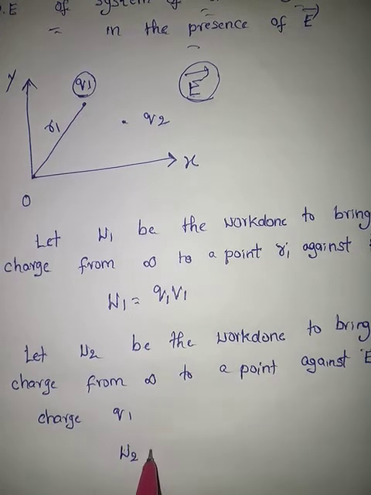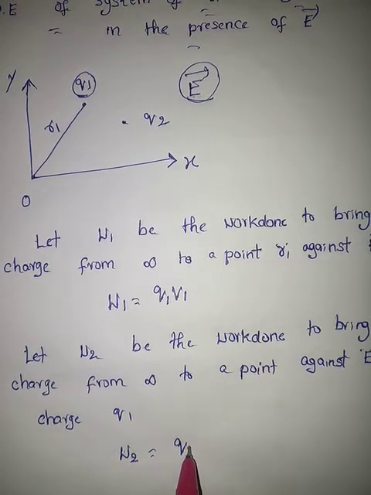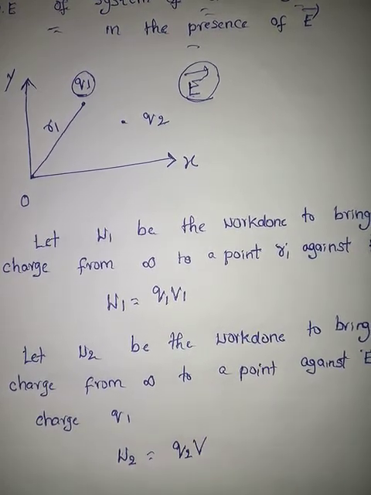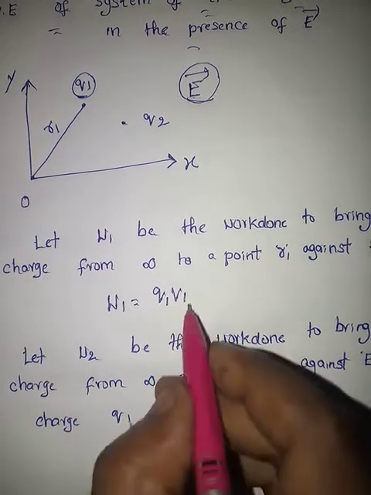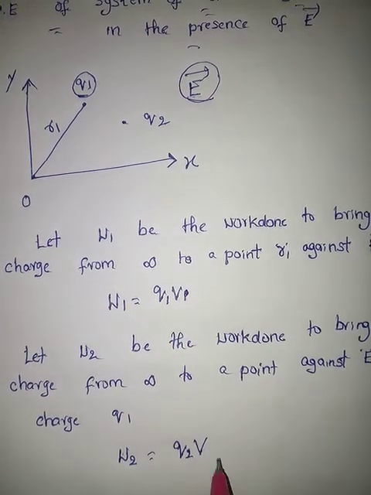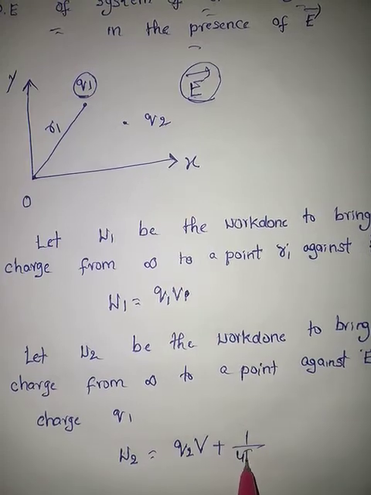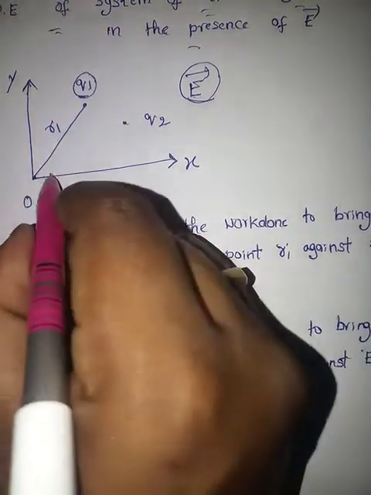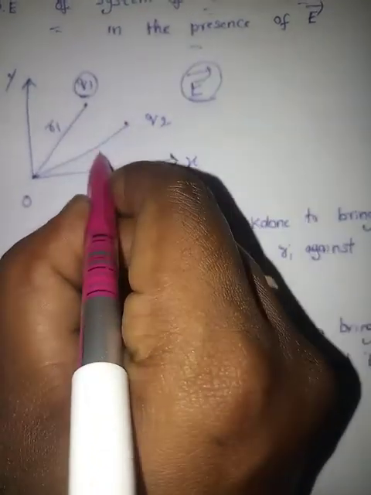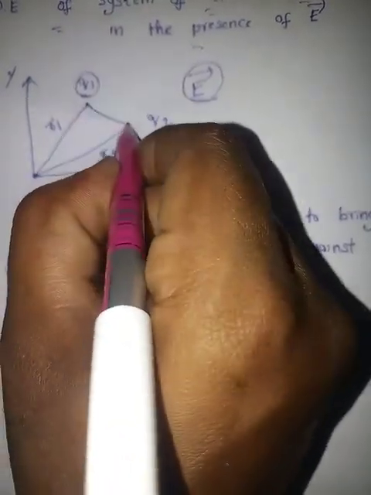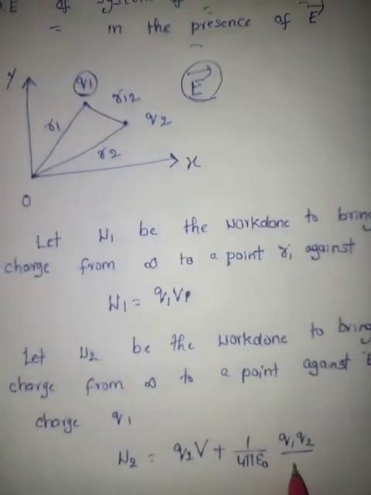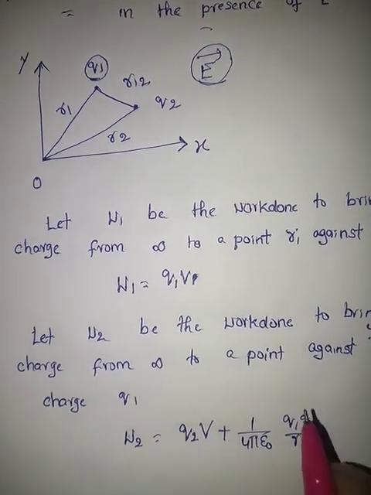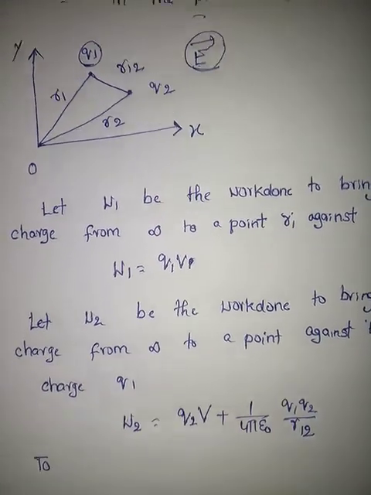So W2 is equal to what? Q2 into V, plus 1 by 4 pi epsilon naught Q1 Q2 by R12. This distance is R2, and this distance is R12.